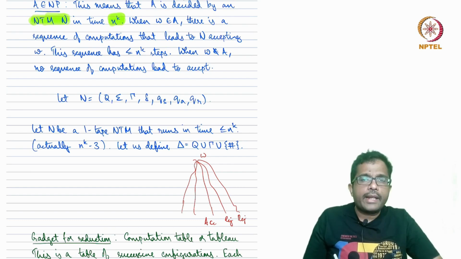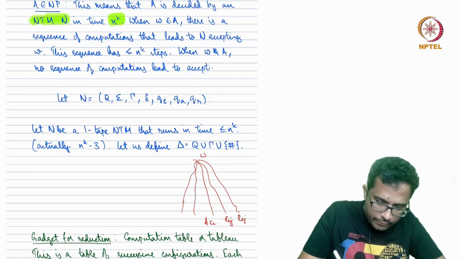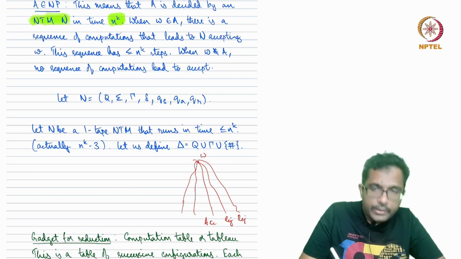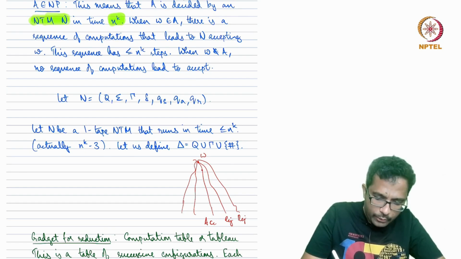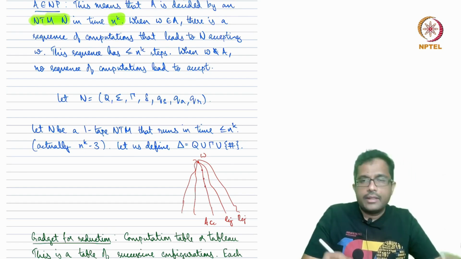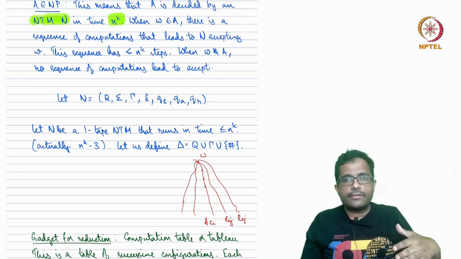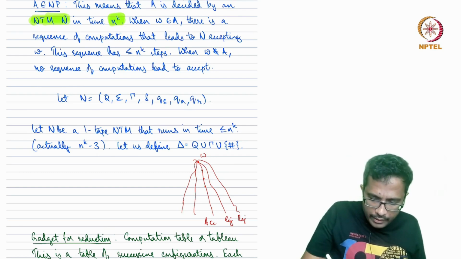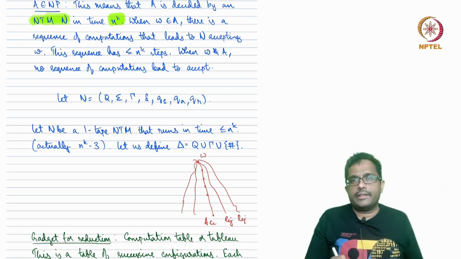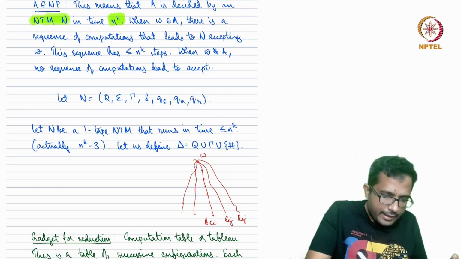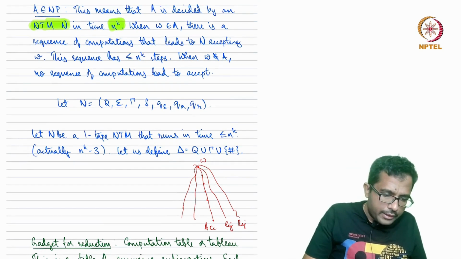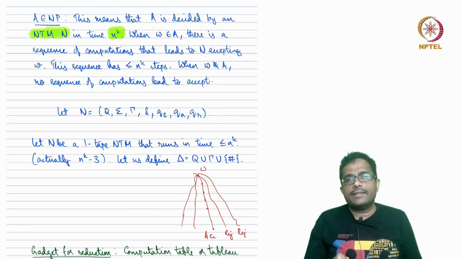So what does it mean? One accepting path means there is a sequence of configurations, starting with the starting configuration, then another configuration, and then another, and so on. There is a valid sequence of configurations that leads to an accepting state or accepting configuration. So we are just analyzing what it means to say that A is in NP.